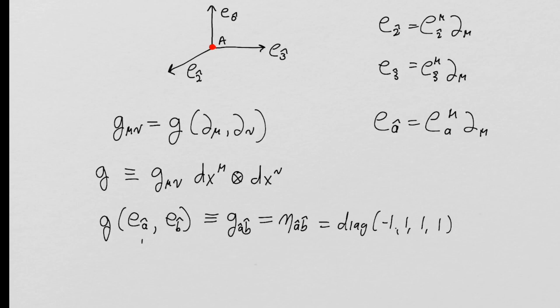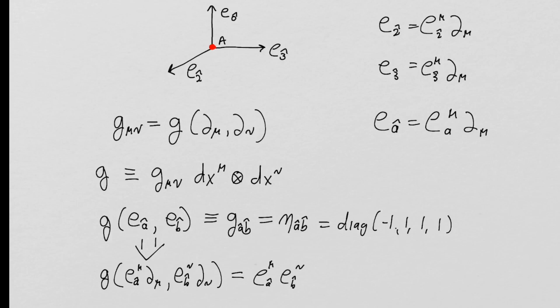The first thing I'm going to do is take this and turn it into G of E A hat mu partial mu, E B hat nu partial nu, which by linearity equals E A hat mu E B hat nu times G of partial mu partial nu.